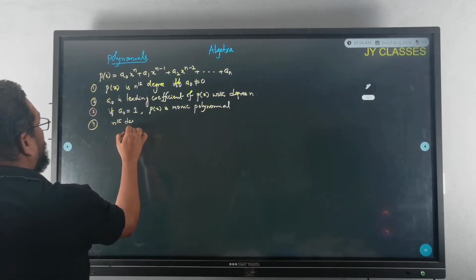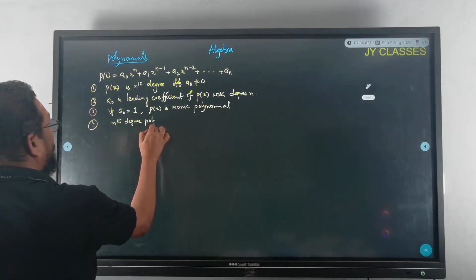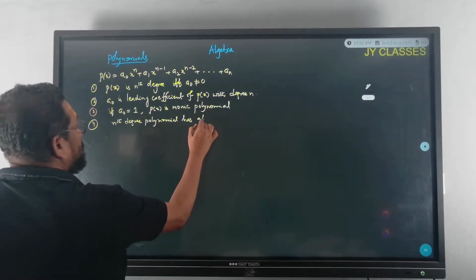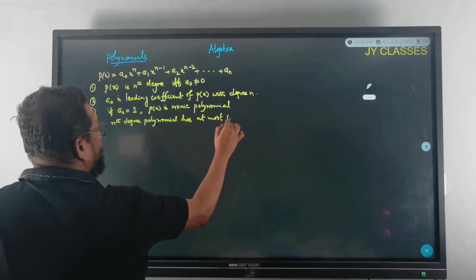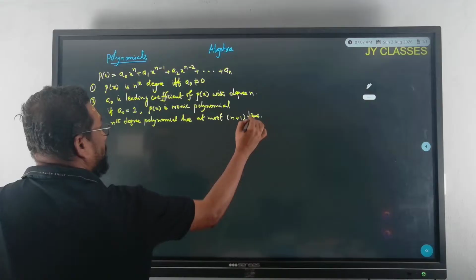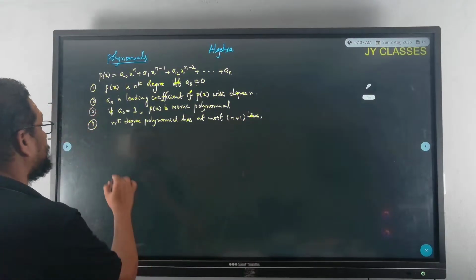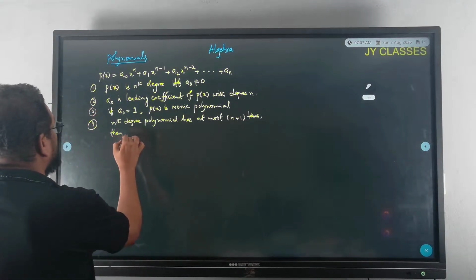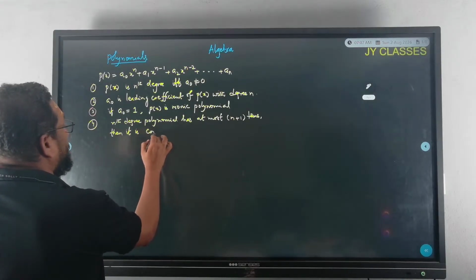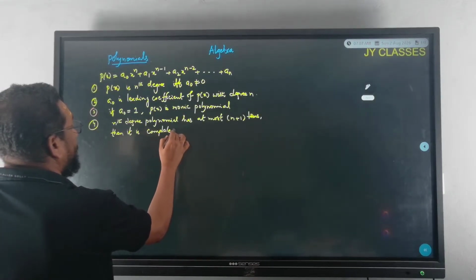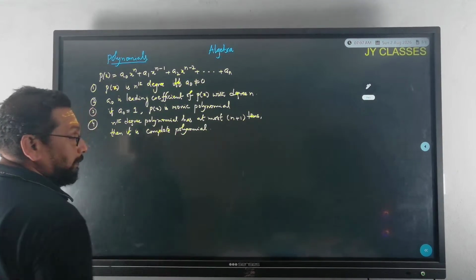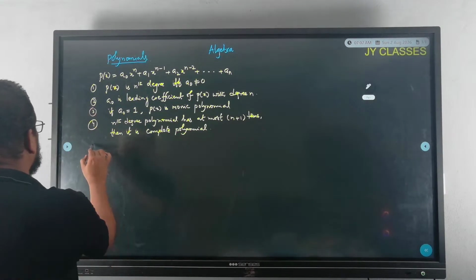An nth degree polynomial has at most n plus 1 terms; if it has all of them, then it is a complete polynomial.